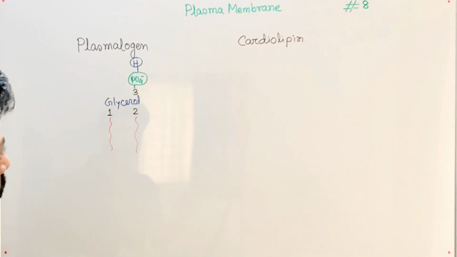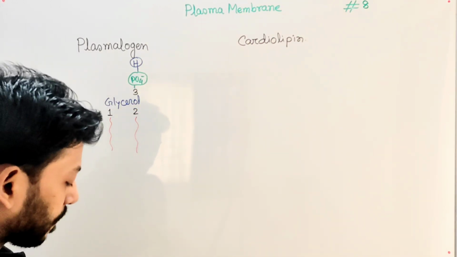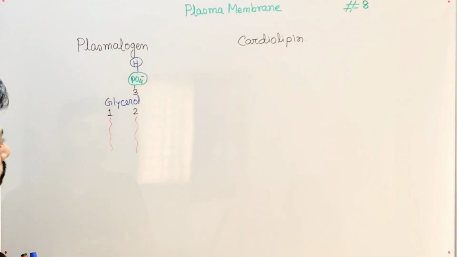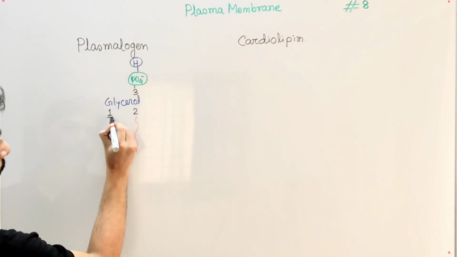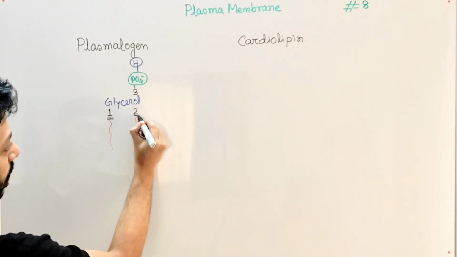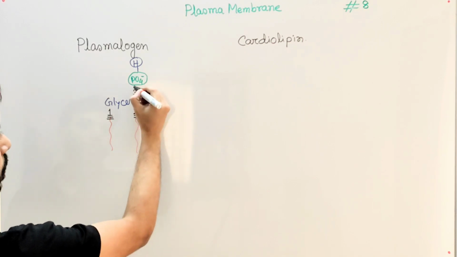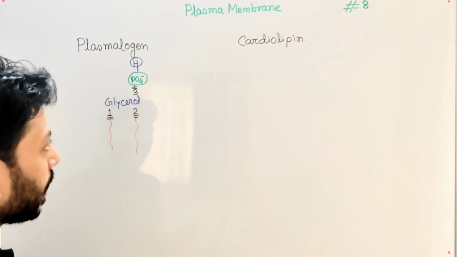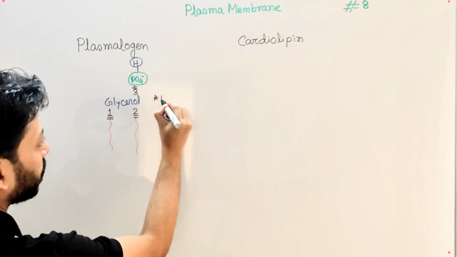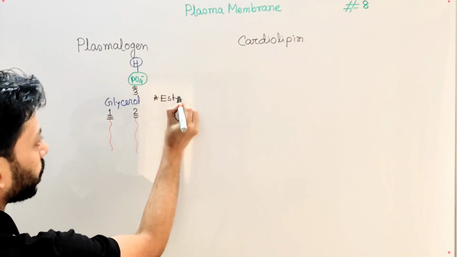Now in the case of normal phosphoglycerides, the bond between the first carbon and the fatty acid, the bond between the second carbon and the fatty acid, and the bond between the third carbon and the phosphate group are all ester in nature. Remember this, ester bond.